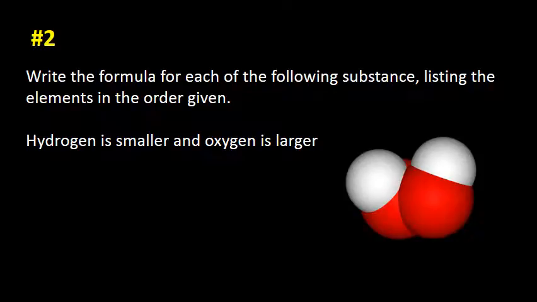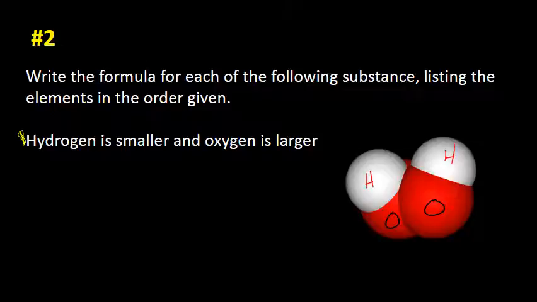Another way to write a formula is to look at the molecule. It says hydrogen's the smaller one, so this is H, and this one's H. And then it says oxygen is the larger one. So this one's oxygen, and this one's oxygen. So what would the formula be? Well, let's start with the hydrogen. If you started with the oxygen, I'm not going to mark it wrong, but let's start with the hydrogen since it was mentioned.